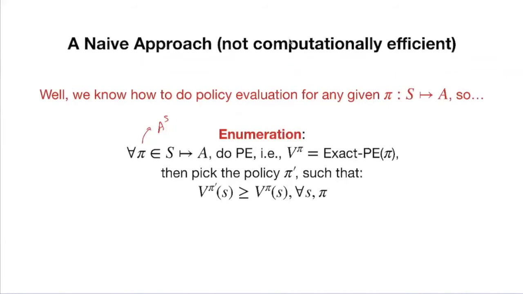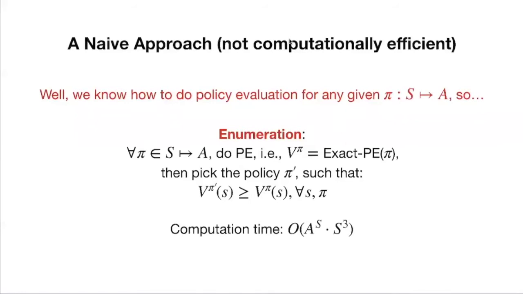Now, the reason that I call this the naive approach is that computation-wise, this is terrible. If you record the computation complexity for this exact policy evaluation, this takes us O of S cubed, and we have a for loop with A to the S many iterations. So the total computation for this algorithm is actually A to the S times S cubed.